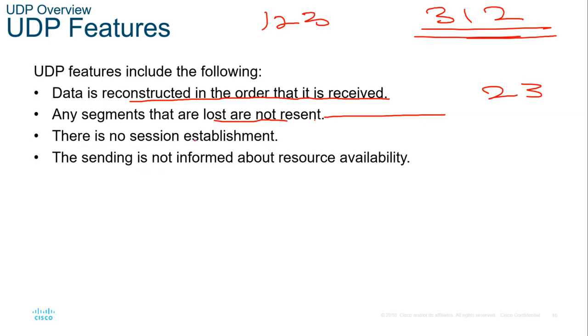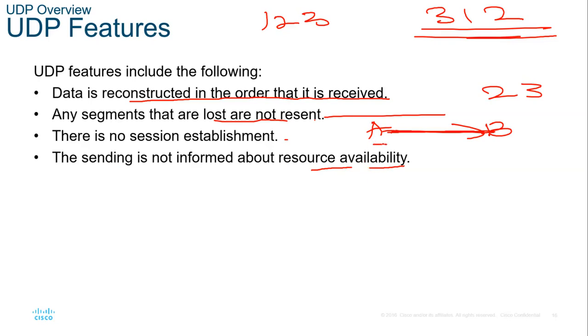Then there is no session establishment. So if A wants to communicate with B, there is no need of first checking whether B is online or available. A will just send. The sender is not informed about resource availability.